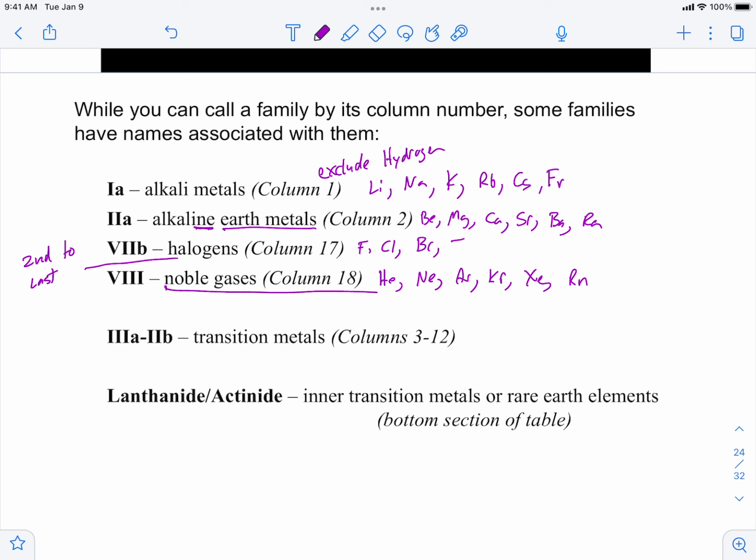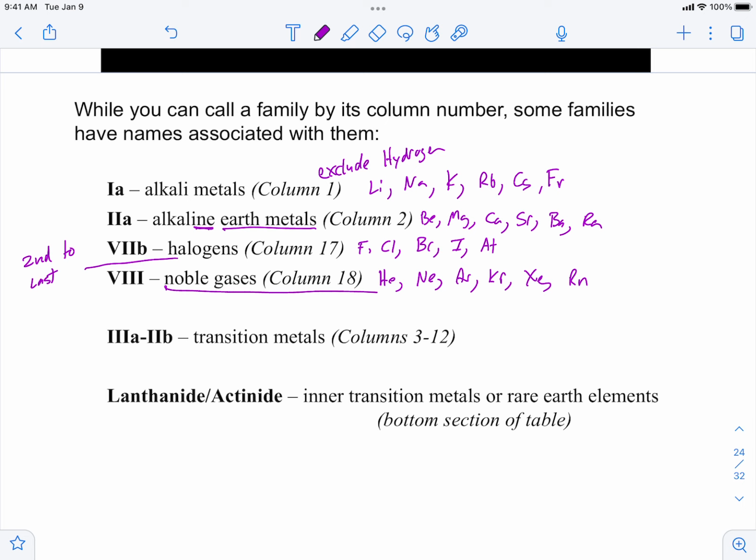Now, I know I'm writing these out, you don't have to memorize which elements are in these families. You just need to know which column, what they're called. You'll always have a periodic table to use, right? But the periodic table does not tell you these are called the alkali metals, these are called the halogens, right? So you have to know the first two columns, last two columns, okay?